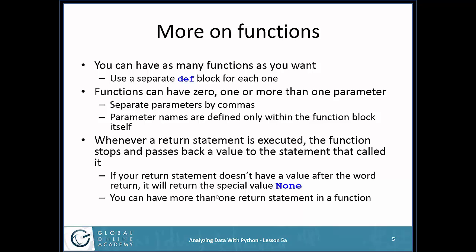And you can have more than one return statement in a function. Only one will get executed, but maybe you've got something that says, if something's true, return this value, else return a different value. Once a return statement is executed, though, you go back to whoever called the function.